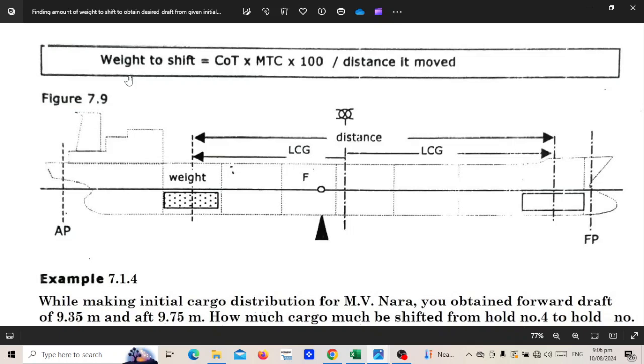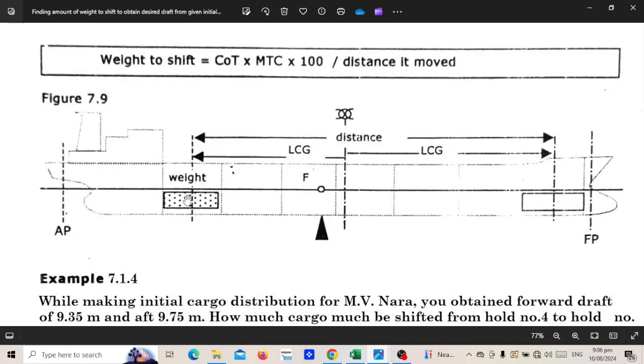To get the amount of weight to shift, this is the formula: change of trim times MTC times 100 over distance it moved. I mean the distance from one place to another. So if this is the vessel, this is your hold number 4, then this is your hold number 1.